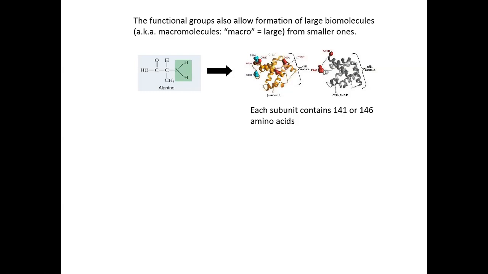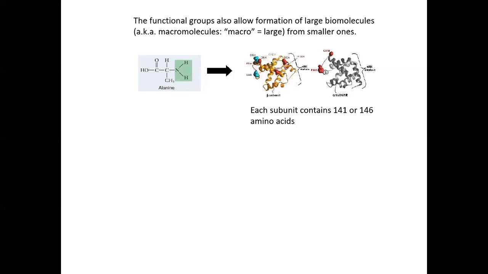So when you hear amino acids, what's one of the main things that might pop into your mind? Anyone? It has nitrogen. Good. John? It's a chain, so it can form chains.